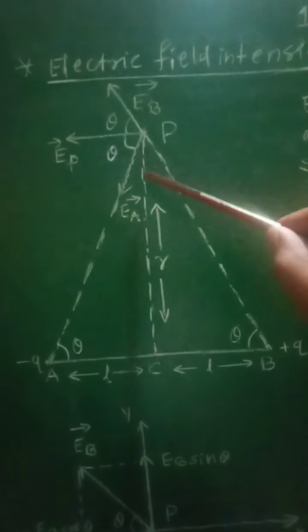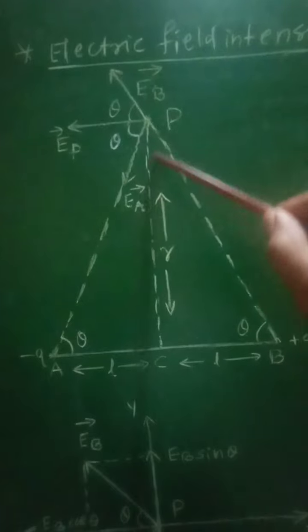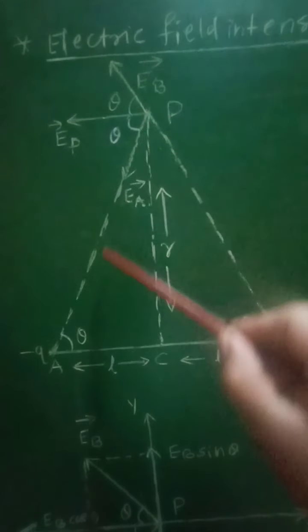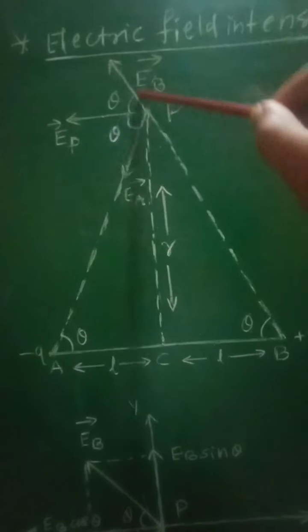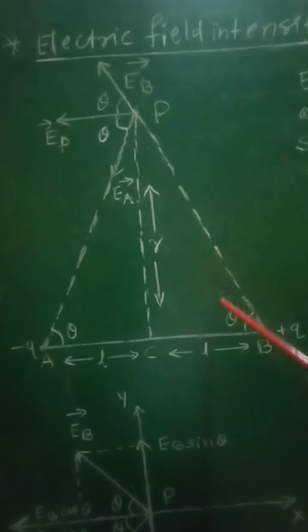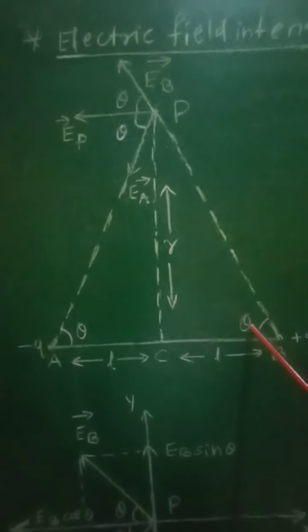Now remember, EA is the electric field intensity at point P due to minus Q charge, and EB is the electric field intensity at point P due to plus Q charge.